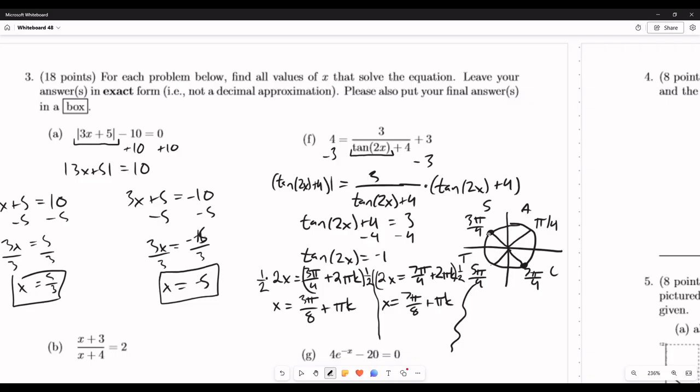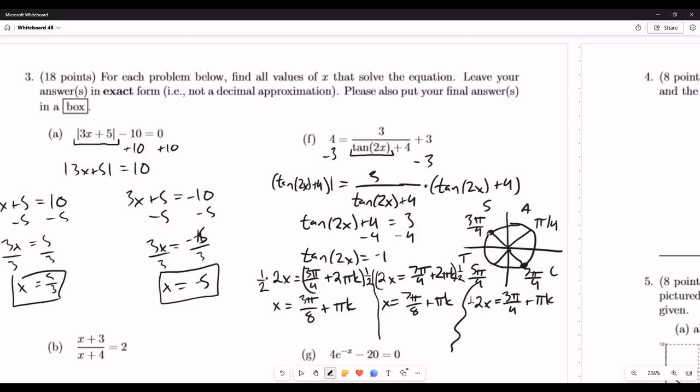So instead of breaking this up into 2x equals 3 pi over 4 plus 2 pi k, and 2x equals 7 pi over 4 plus 2 pi k, since this is tangent, I'm allowed to just write that 2x equals 3 pi over 4 plus pi k. Why does this work? Well, if k equals 1, that's going to get me over to 7 pi over 4. So this accounts for both of these sets of solutions.